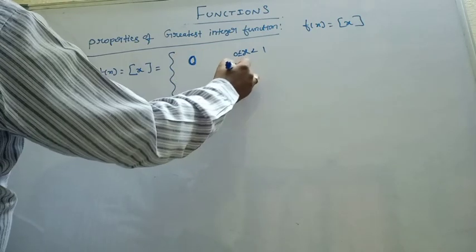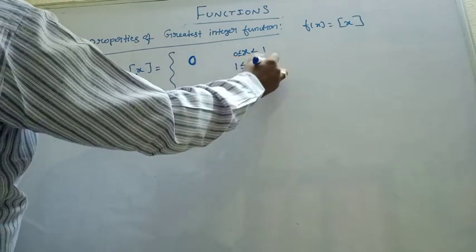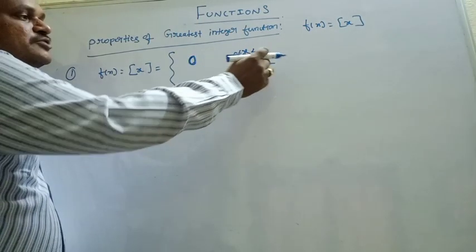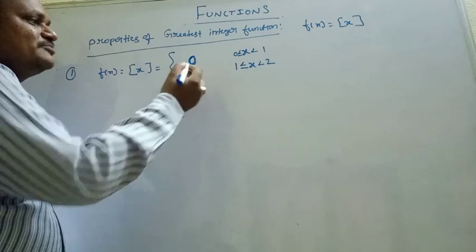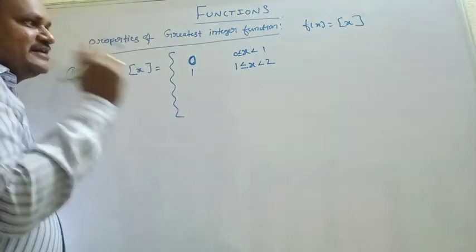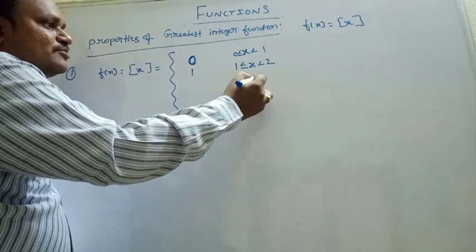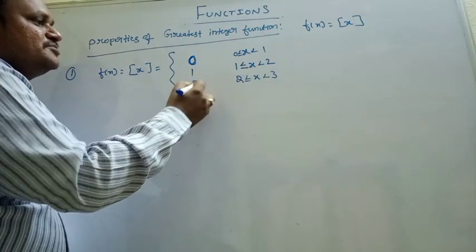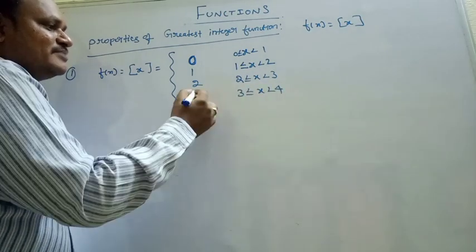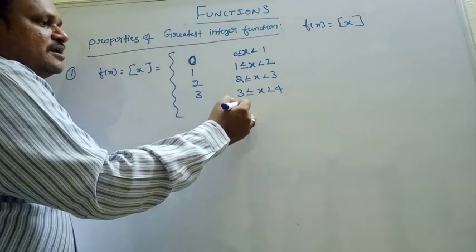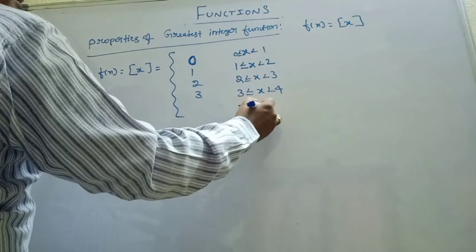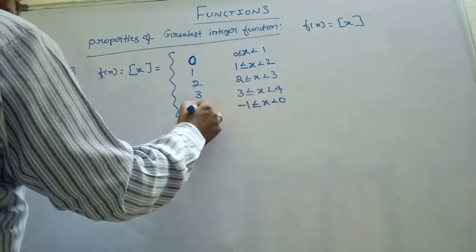If 1 is less than or equal to x less than 2, that is between 1 and 2 but 2 is not included, the value becomes 1. That means 1.1, 1.2, 1.3, 1.9 and so on. Next, 2 less than or equal to x less than 3, the value is 2. Next, 3 less than or equal to x less than 4, the value is 3. Like that, minus 1 less than or equal to x less than 0, it is minus 1.